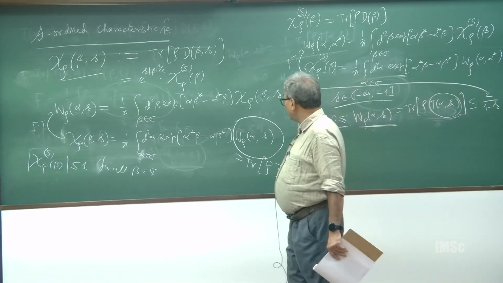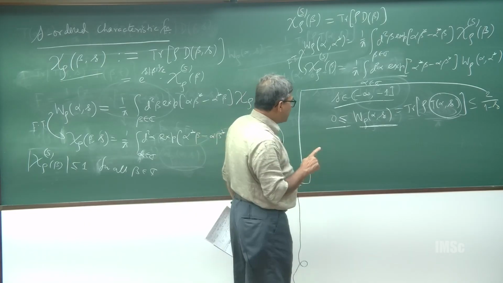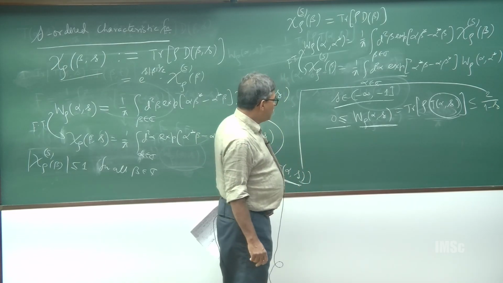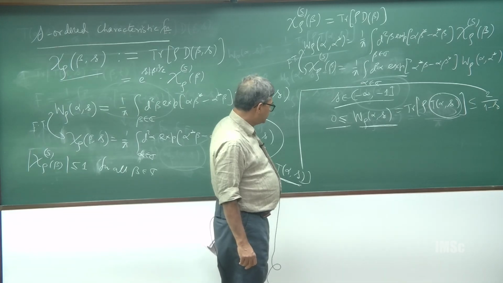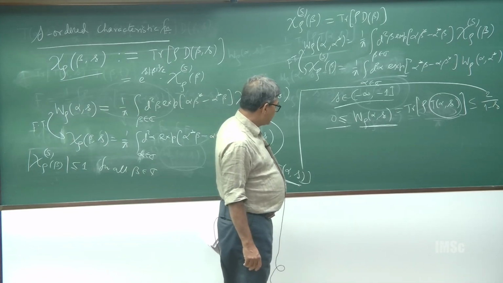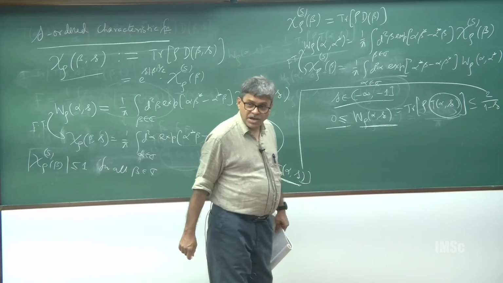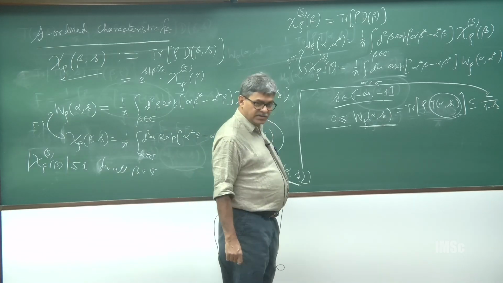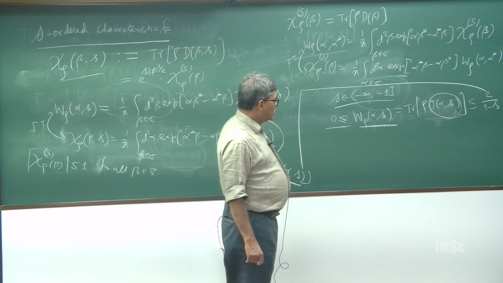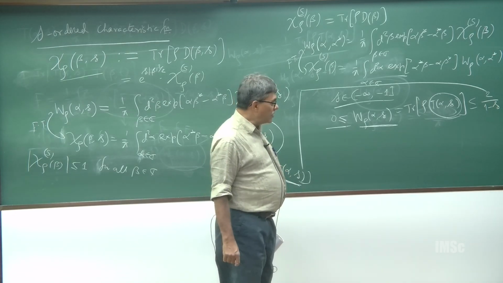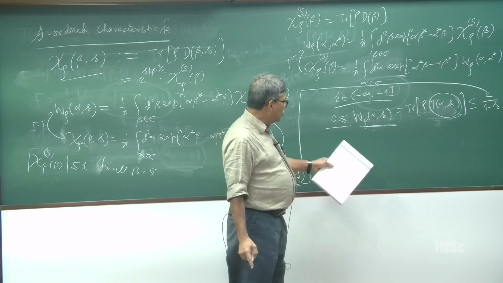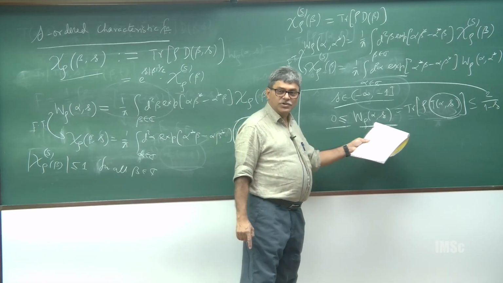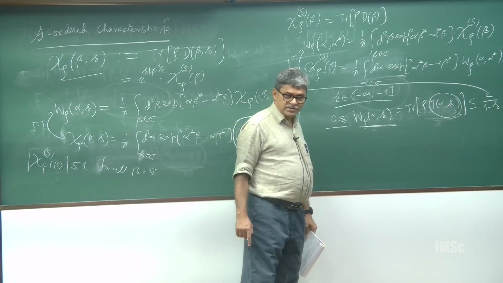Okay, right? And this is particularly true if you choose, of course, s equal to minus 1. What happens? s equal to minus 1 corresponds to the anti-normal ordering, and that is the Q function, which we know is always non-negative.